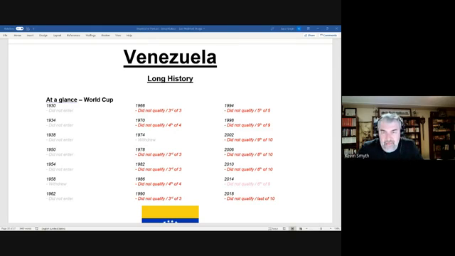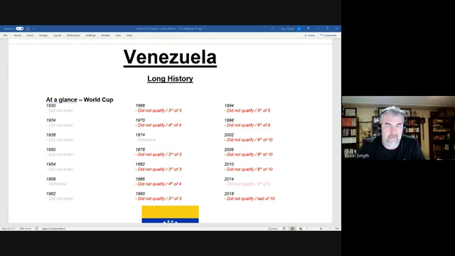Well, they are the newest team in South America. They were the last team to enter qualifications. They joined the World Cup in 1966 and the Copa America in 1967. They've never qualified for a World Cup, and they've only really come close once. We'll talk about that. And they had never passed the group stage of Copa America until 2007, but they've done it 4 out of the last 5 times.